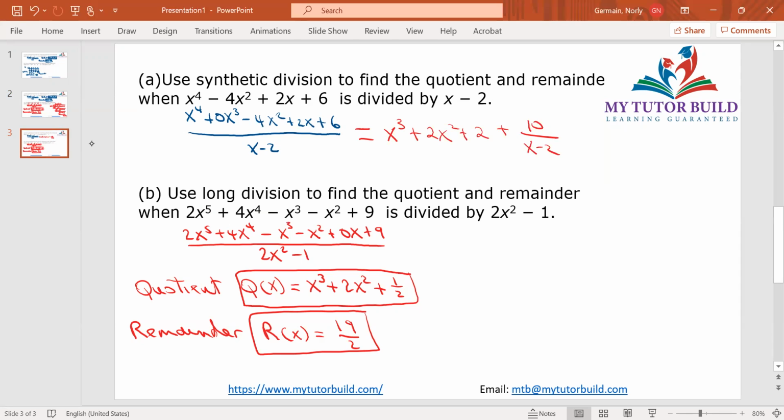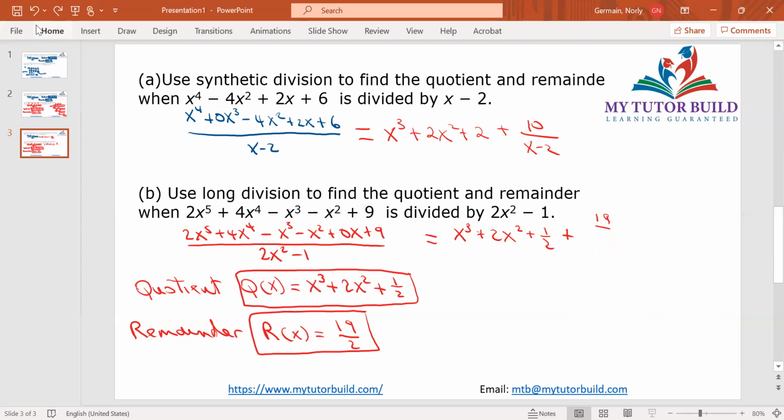The same, if they said perform this long division, then the solution for this one was going to be x cubed plus 2x squared plus 1/2, because it's a constant, plus 19 over 2 over 2x squared minus 1, when we multiply by the reciprocal of the second fraction.